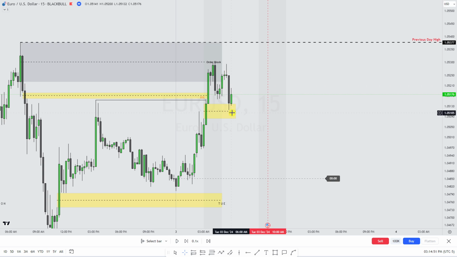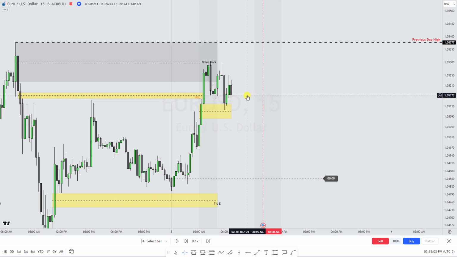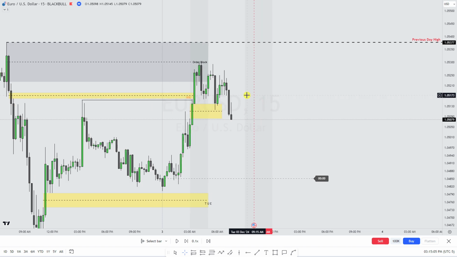We have rejected into this imbalance over here, but also we have formed this imbalance over there. So I don't focus on price moves during these sessions anyway, so I usually just let price do what it intends to do.